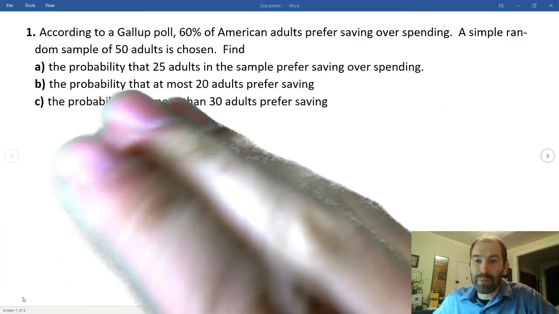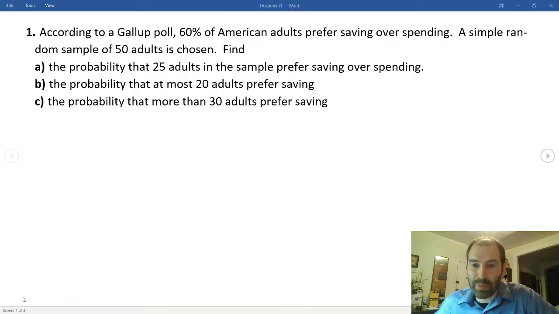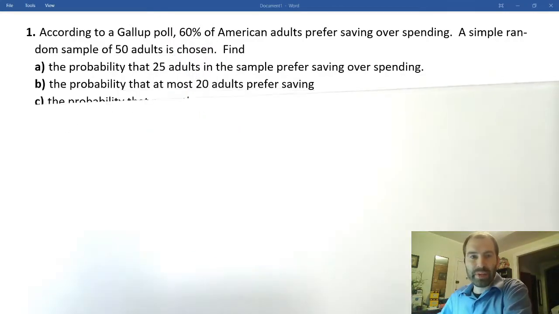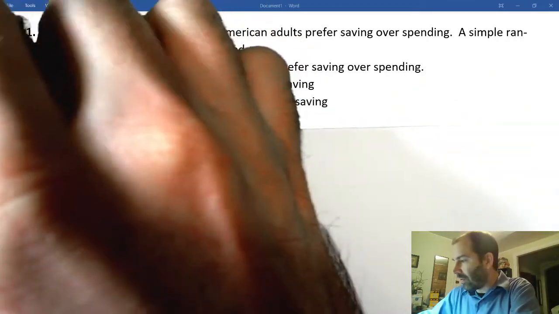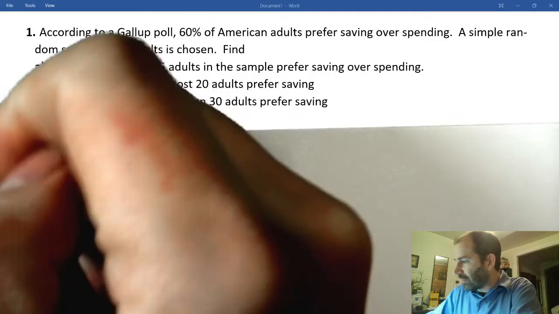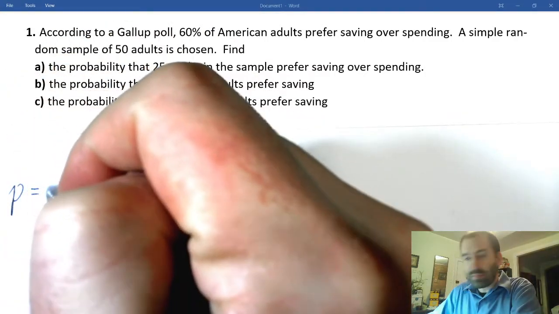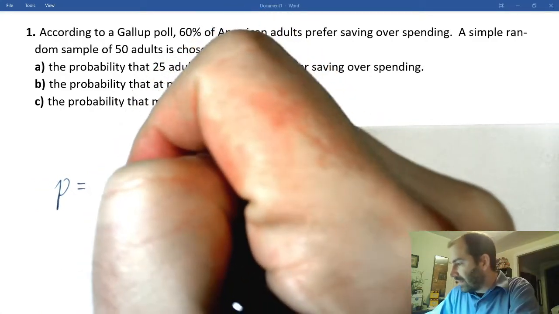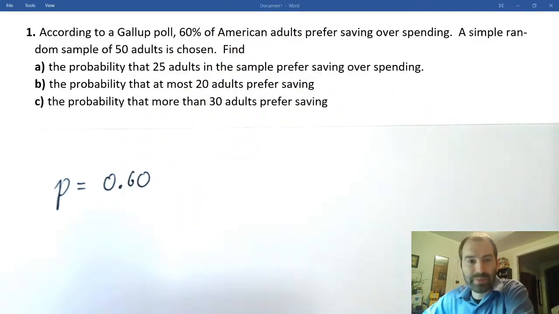Well, that means if we choose a single adult, what's the probability that they choose saving over spending? It's 60%. So I know that the probability that a single person has that preference is 0.60. All right, so I got my probability.